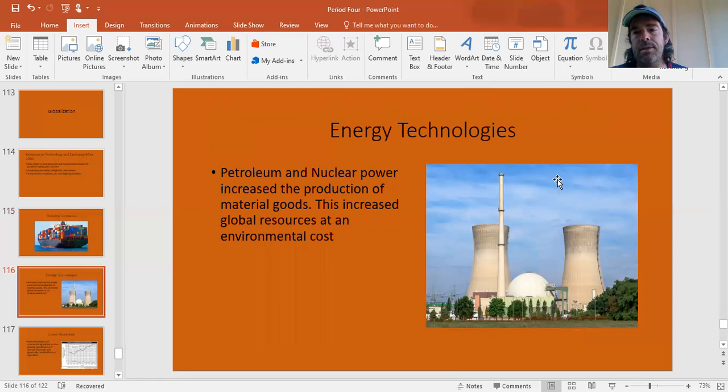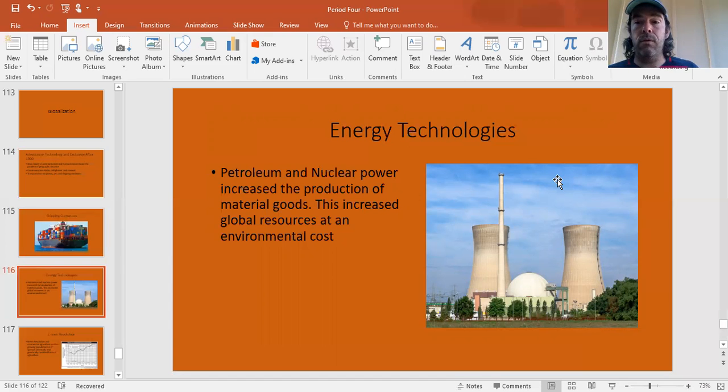Energy technologies are going to massively increase the amount of energy available to humans, which is going to lead to a mass production of material goods. Now, later on, we will argue the environmental cost of using these energy technologies.